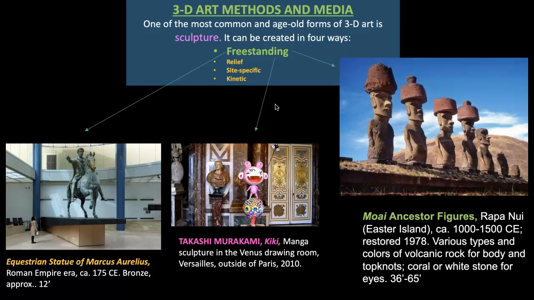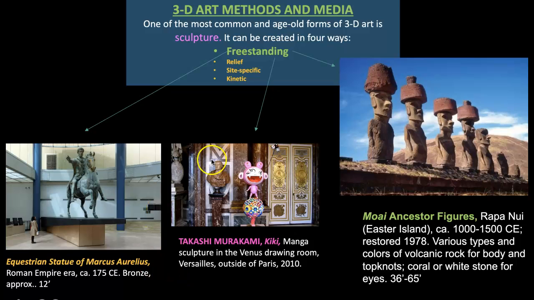Freestanding sculpture can be seen from all around, front, sides, back. An example of this would be something we've met already, the equestrian statue of Marcus Aurelius, the famous Roman emperor, from 175, the year 175, sculpted in bronze. And as you can see, the woman gazing at it could, in theory, walk around that sculpture and appreciate it as an example of freestanding sculpture.